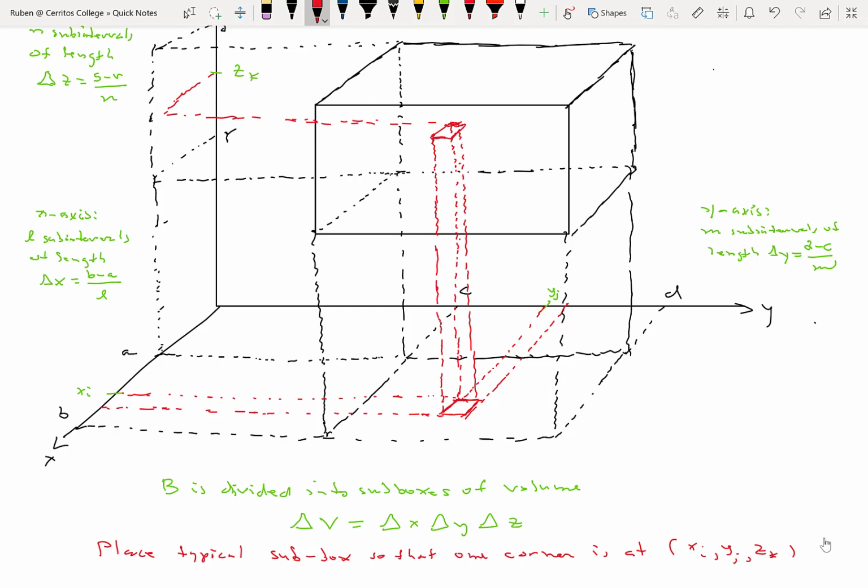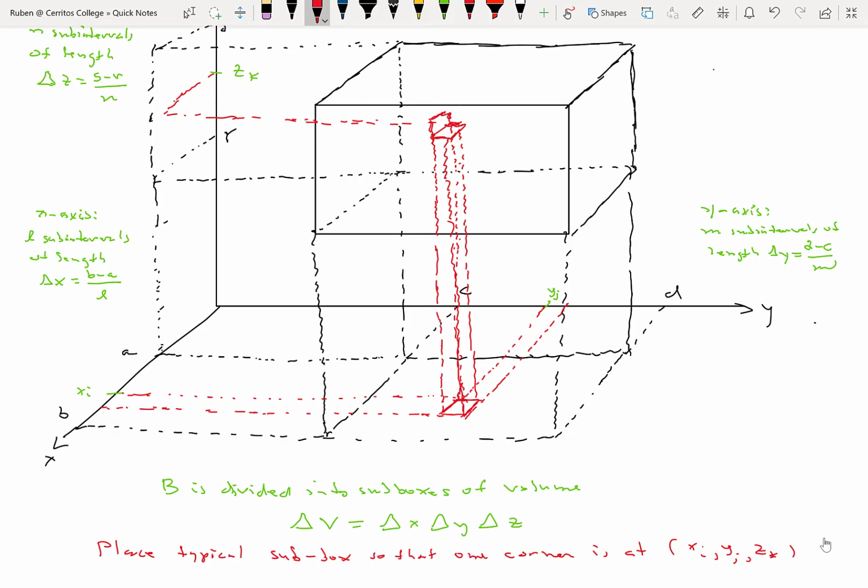Here's the top. And this last dimension is not going to appear very nicely, but I think you get the idea.